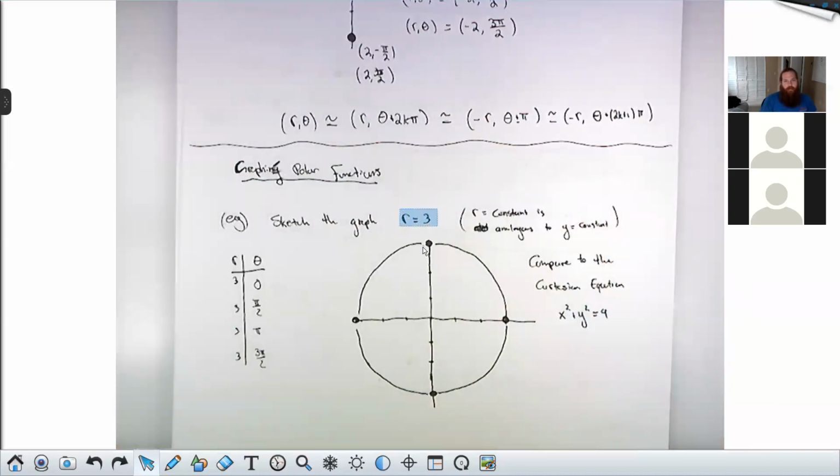This is a constant function. This is anything but constant. In fact, it's not even a function, right? This fails the vertical line test. So while the Cartesian representation is not a function, the polar representation is. The Cartesian representation involves the square of x and the square of y. It's much more complicated algebraically than this, which is constant.